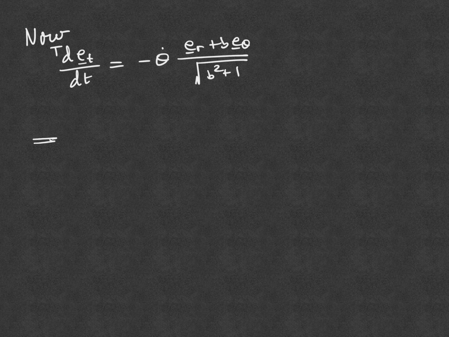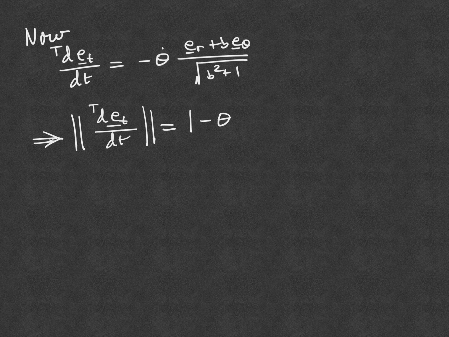That implies that the magnitude of dE_t/dt in T is equal to the absolute value of minus theta dot times the magnitude of what's left over, the magnitude of e_r plus b e_theta, all divided by the square root of b squared plus 1.